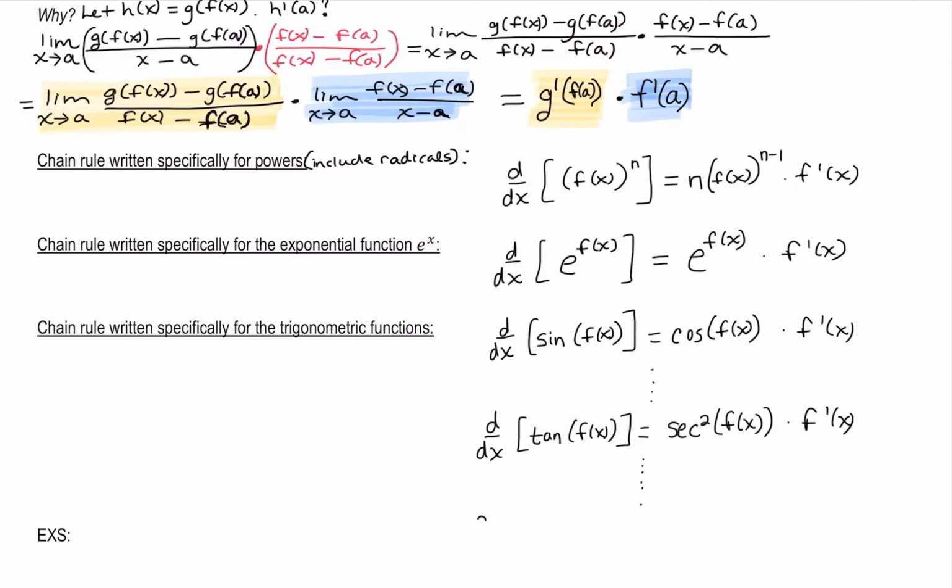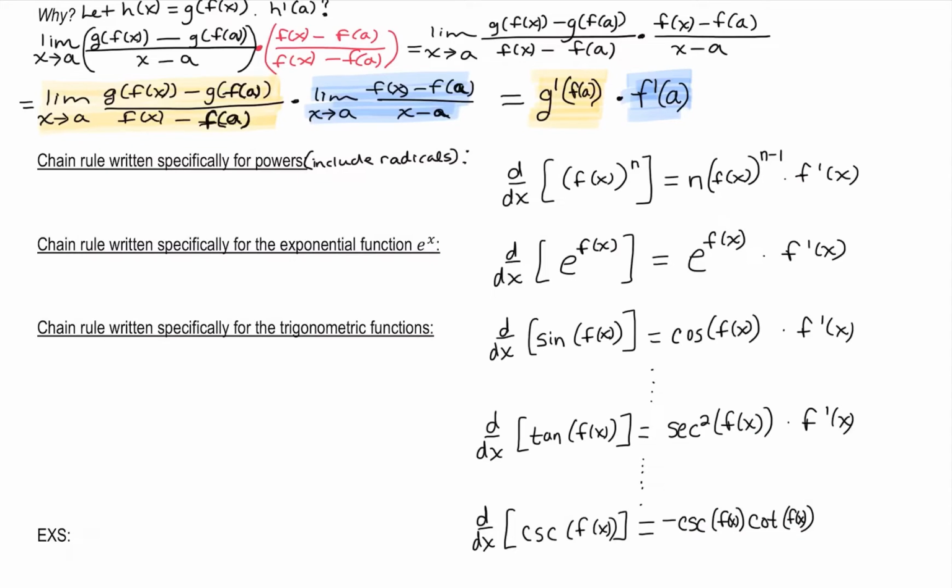And getting down to the last one, the derivative of cosecant of f of x is the opposite of cosecant of the inside left alone, f of x, times cotangent of the inside function left alone, f of x.